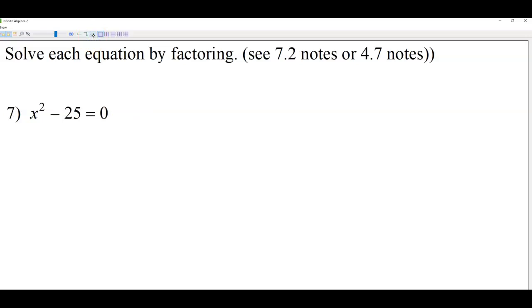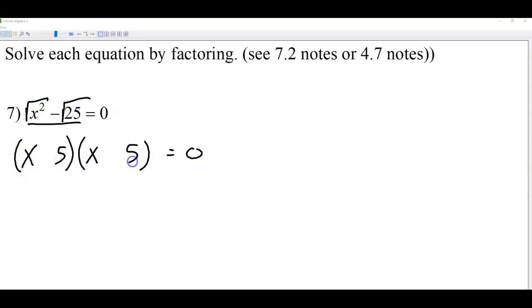Number 7. We're going to factor again. But this time, it doesn't have 3 terms. So we're not going to use the box method this time. Instead, we're going to use another strategy known as the difference of squares strategy. For that one, you just take the square root of this, which is x. You take the square root of that, which is 5. You make one a plus and make one a minus, and you're factored.